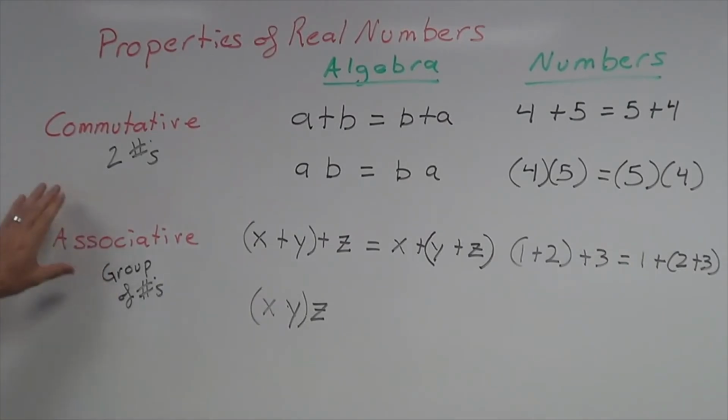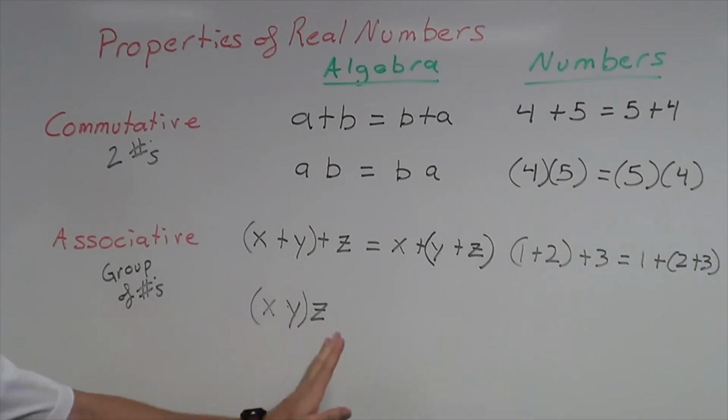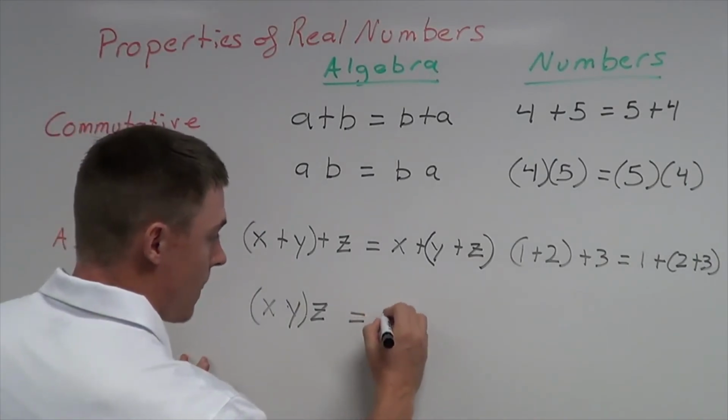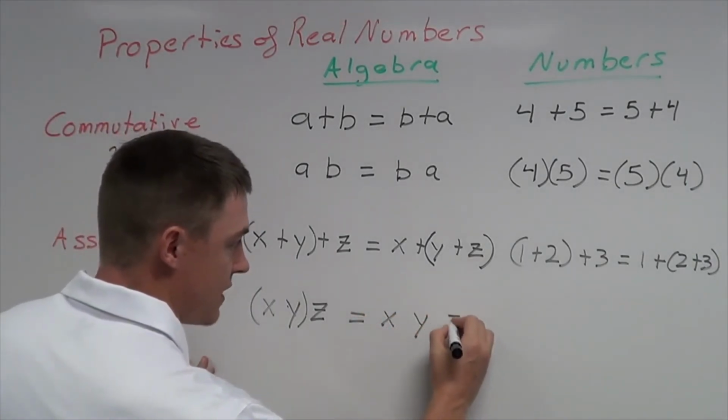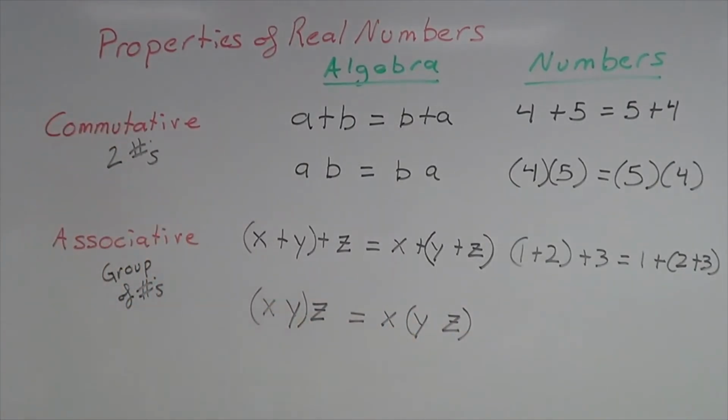Associative property of multiplication tells me that, honestly, it doesn't matter what order I multiply all these numbers in. I can multiply the first two together, or I can multiply the last two together first. So it does not matter what order I multiply my groups of numbers in, as long as the only thing I'm doing is multiplying. So that's with variables.